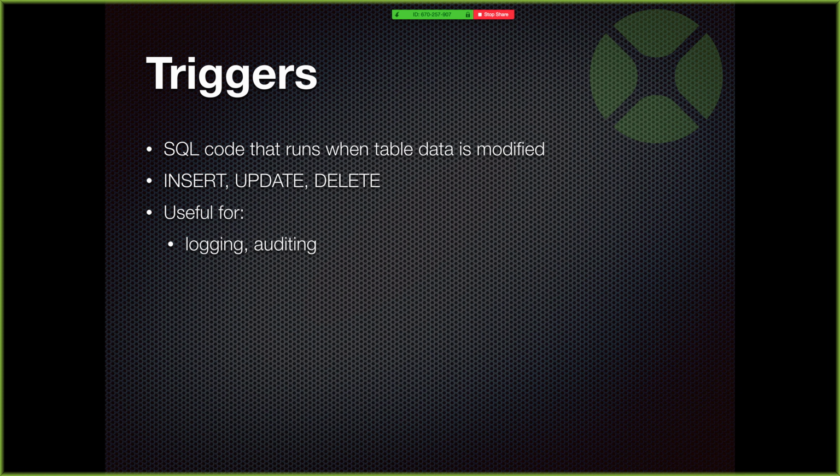A common thing you see triggers used for is logging or auditing, because when there's a trigger on a table, it will run every time the table data is modified, depending on the type of trigger you've created.